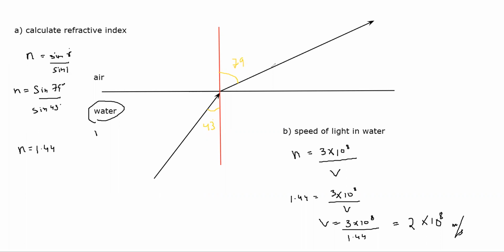Then you will find it. For example, if I mention the speed, the light was traveling from glass to air, and the speed at this point was 2 exponent 8 meter per second. And as we know, the approximate speed in air is 3 exponent 8. The question is, calculate the refractive index.